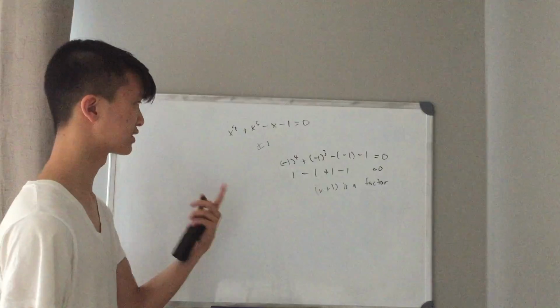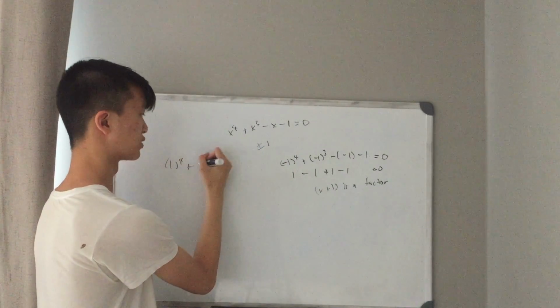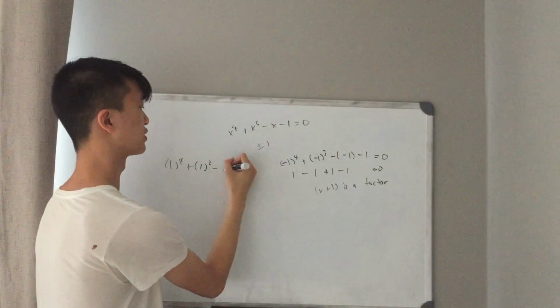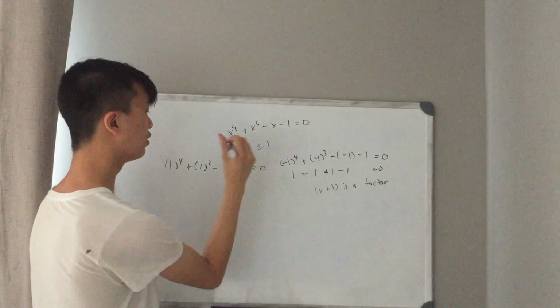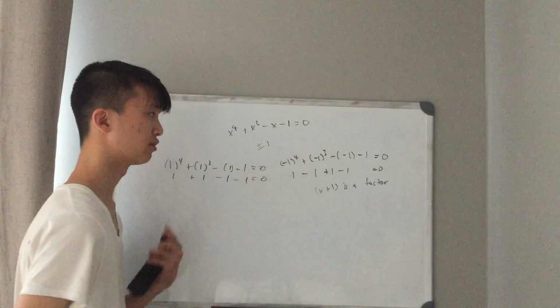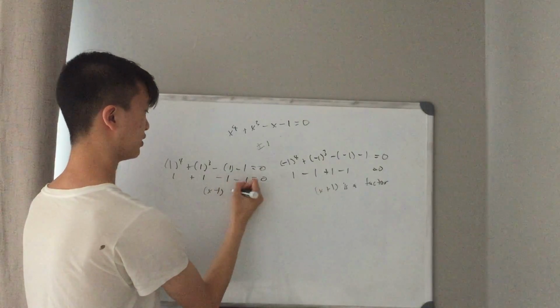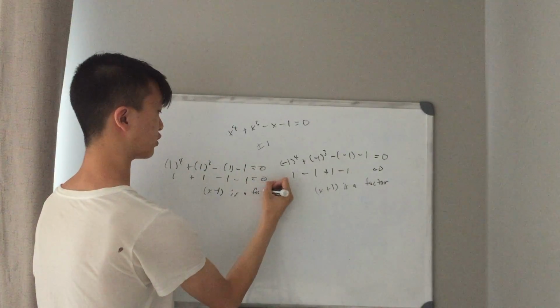Next, we test out x is equal to +1. So we get 1 to the power of 4 plus 1 to the power of 3 minus 1 minus 1 is equal to 0. 1 plus 1 minus 1 minus 1 is equal to 0. 0 is equal to 0, and so x minus 1 is also a factor.